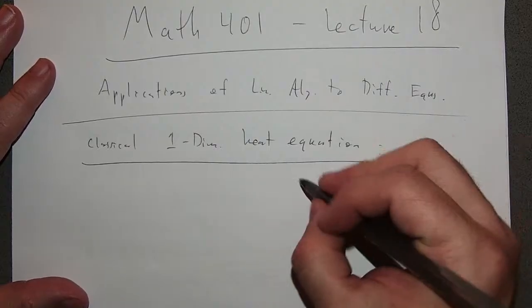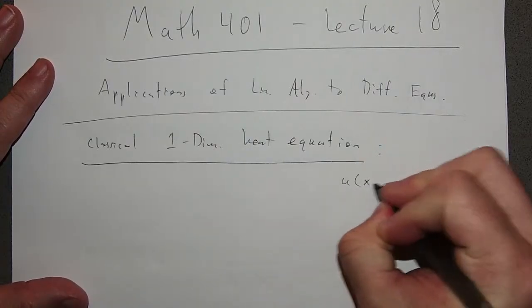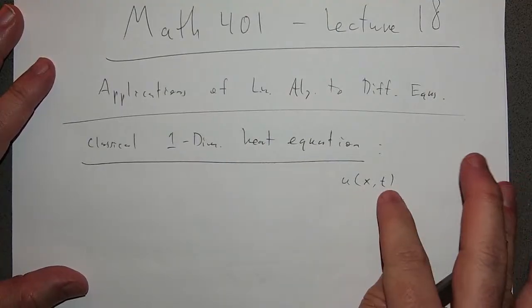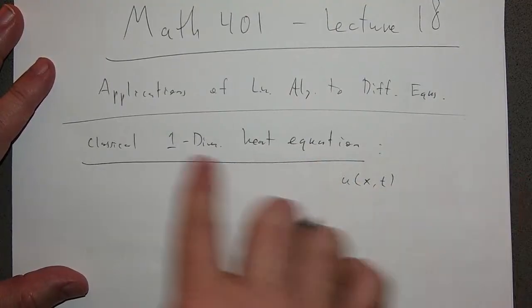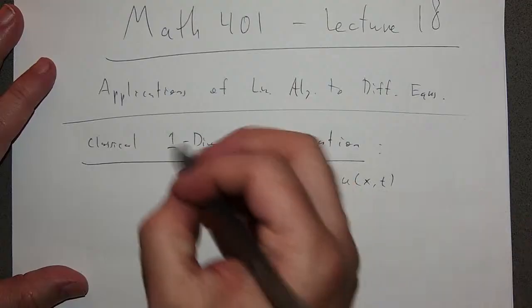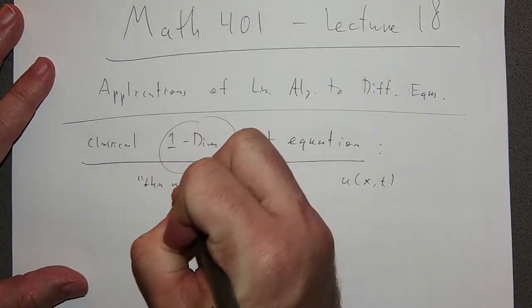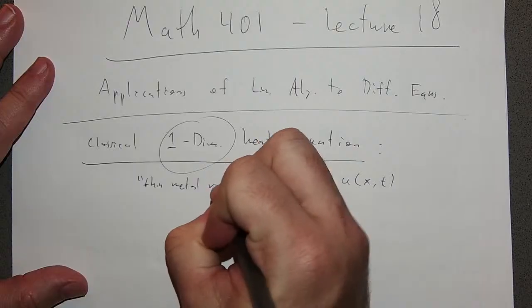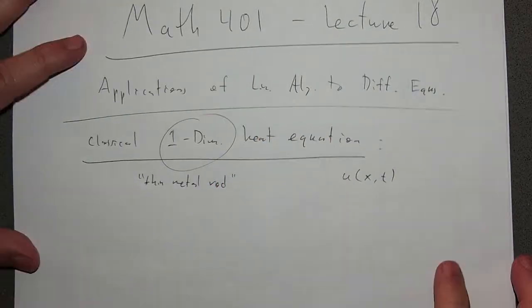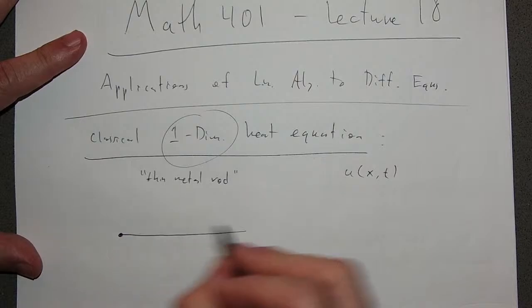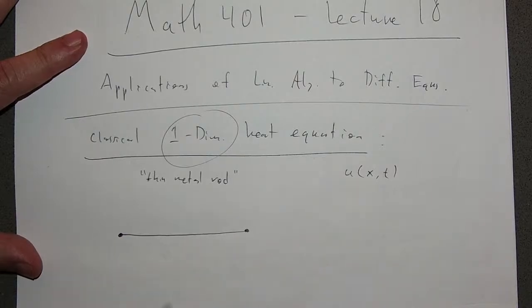The idea is that we have a function that is a function of both x and t. Here, t is time, x is going to be the position. In 1D, this is going to be a thin metal rod that has ends. So we have endpoints here. This is our rod. x is where we are along the rod.